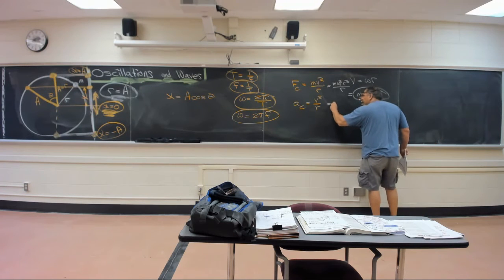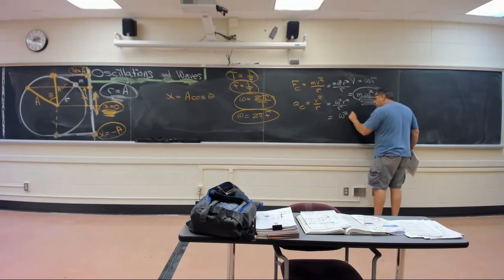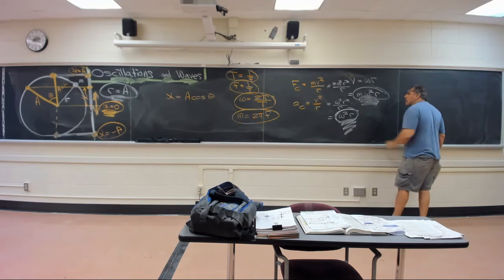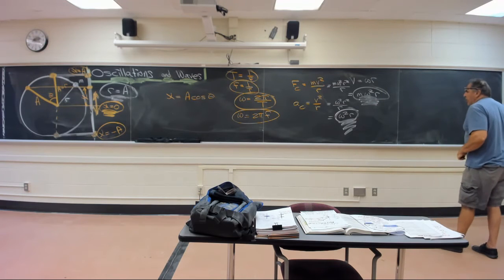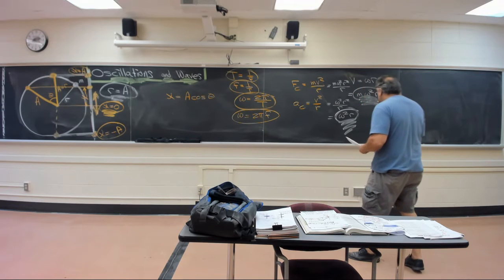What's this? Omega squared r squared over r is omega squared r. So on and so forth. All right, I mean, we've said this.